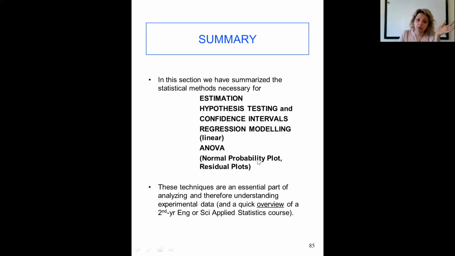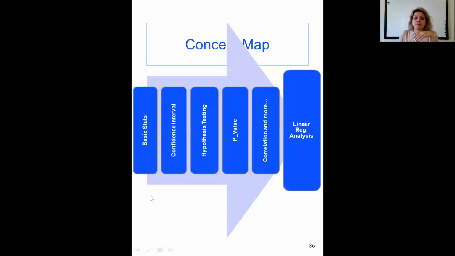At the beginning, we talked about normal probability plots, the first part of chapter 1, and today we talked about residual plots as well. Here is the concept map. In the next chapter, we are going to focus more on linear regression analysis.